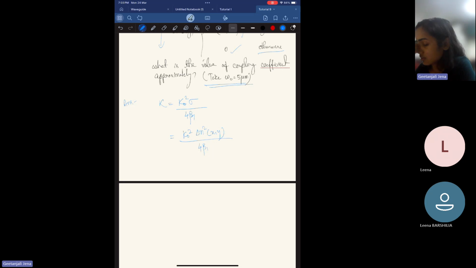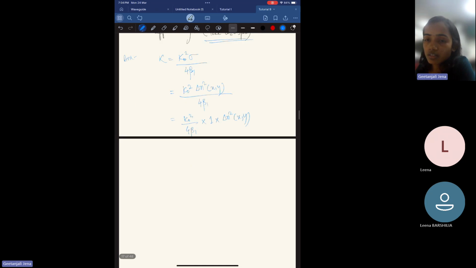So we can do an algebraic manipulation to get our answer. For 4 beta 1, we can always multiply by 1.